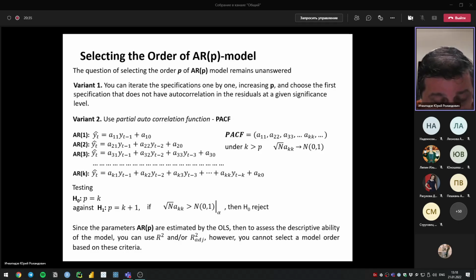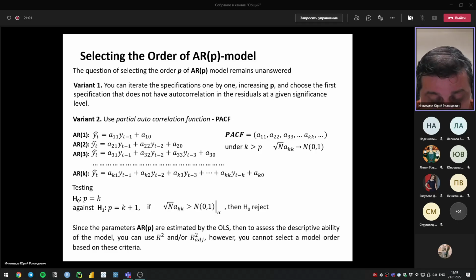The first option is when we iterate through the specification of the model one by one, each time increasing the order of P, and as a result choose the specification in which there is no autocorrelation in the residuals at a given significance level.